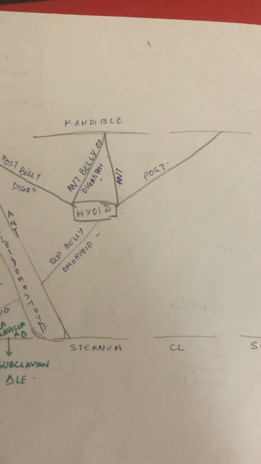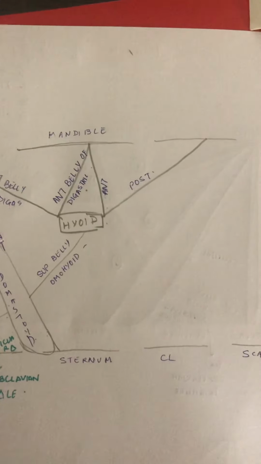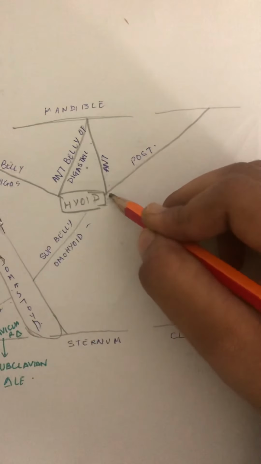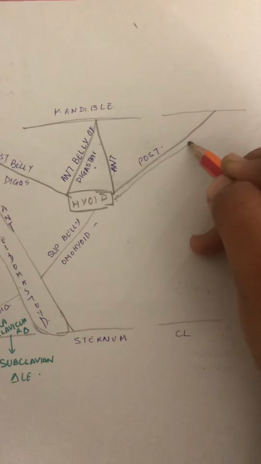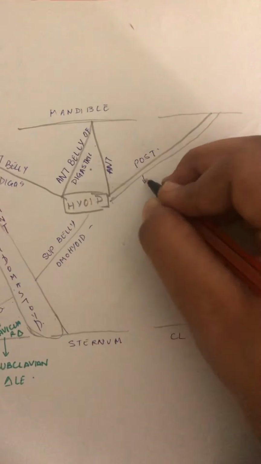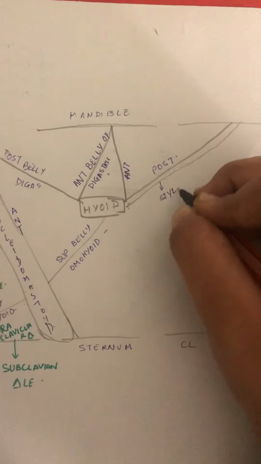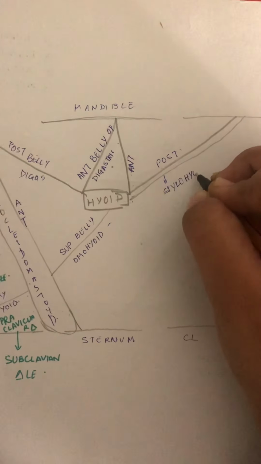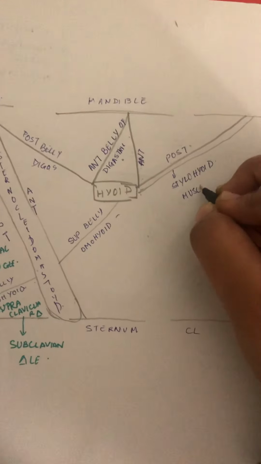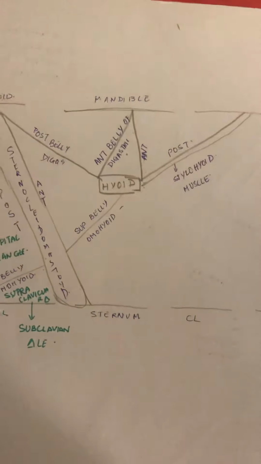And remember one thing, that there's this muscle called as stylohyoid muscle. It always accompanies the posterior belly of digastric. So this is called as stylohyoid muscle. It always accompanies the posterior belly of the digastric muscle.